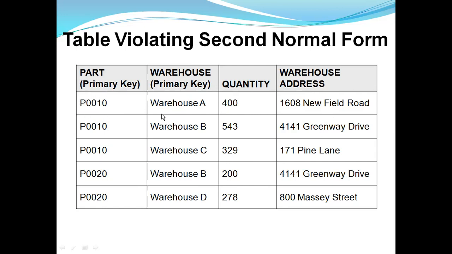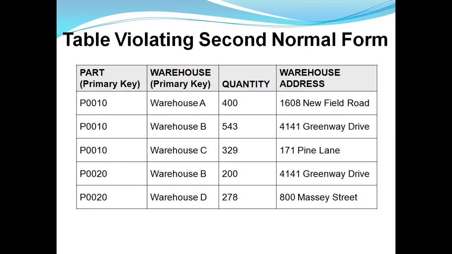This is depending only on warehouse. पार्ट चेंज हो गया, इस पे कोई फर्क नहीं पड़ेगा, एड्रेस वही रहेगा. That means it is depending only on warehouse, not on the part. That means it is depending on partial primary key. Correct?